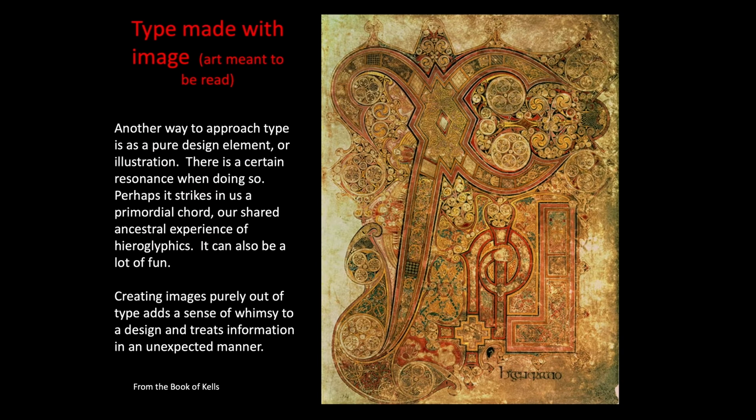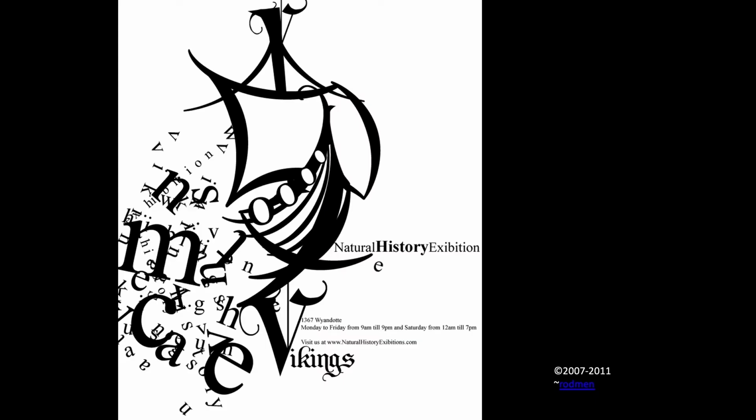We know that for centuries, people have often approached type as, sure, it conveys meaning, but you can use pictures to make it, right? You can take images and put them together to make the letters you want. You might take a head and a neck, or you might make beautiful abstract images that work together to make a letter, as this beautiful letter from the Book of Kells illustrates.